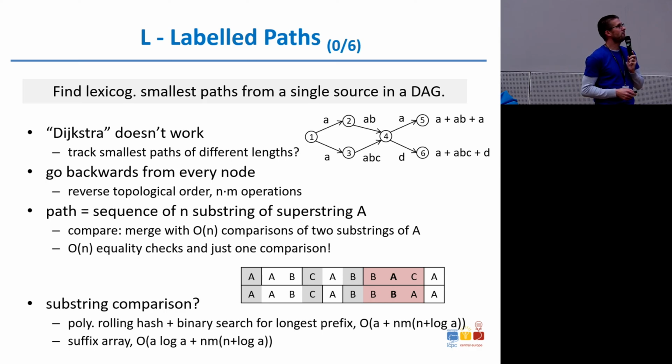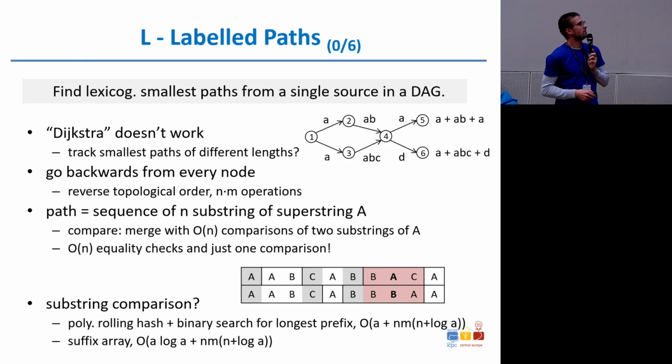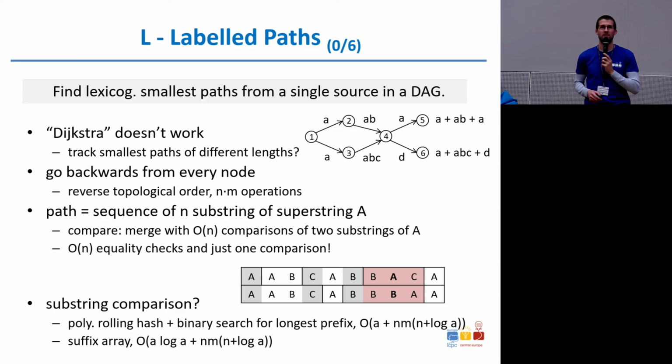Whereas for figuring out which one is smaller, we can just do a binary search for the longest prefix. So we exploit the fact that we're doing a lot of equality checks and then just one comparison that actually requires a binary search.